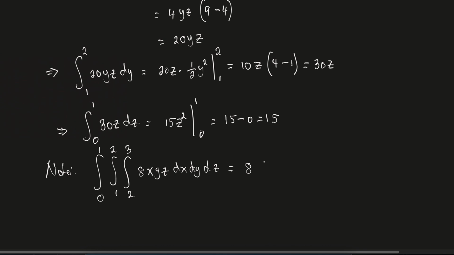So you just put this in the very front, and we have 0 to 1, 1 to 2, and then now I'm going to take out the yz, so we have yz there, and then what we have left is 2 to 3, and then we have our x dx, right?